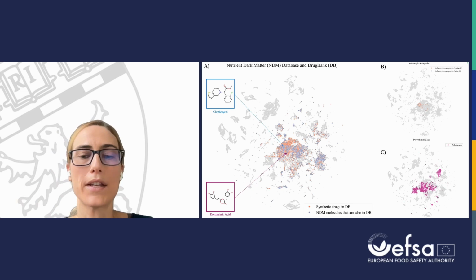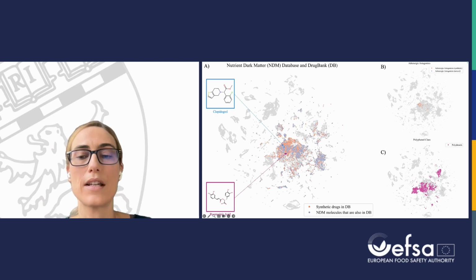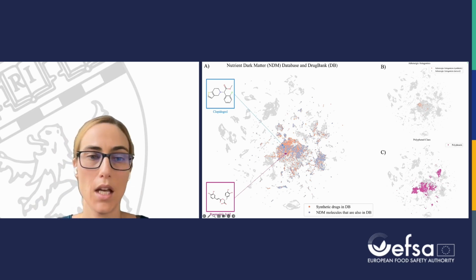So consequently, food molecules often provide chemical scaffolds optimized for protein binding, while simultaneously demonstrating a broader range of structures and features. So this is really what we see, for example, for polyphenols in panel C. And a similar analysis will allow us to study the behavior of toxins, pollutants, and artificial food chemicals compared to naturally occurring compounds in food.